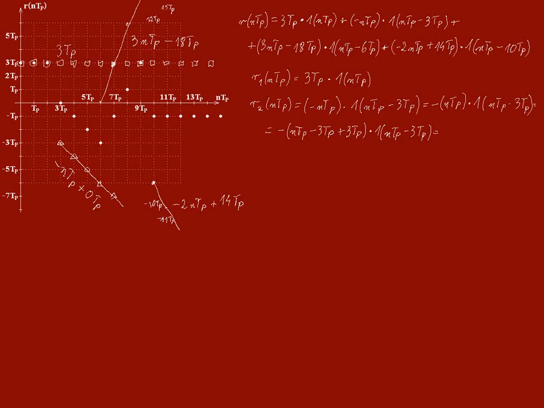In the last move, we need to break the bracket into two parts. The first part will contain ntp minus 3 tp, and the second part will contain plus 3 tp.